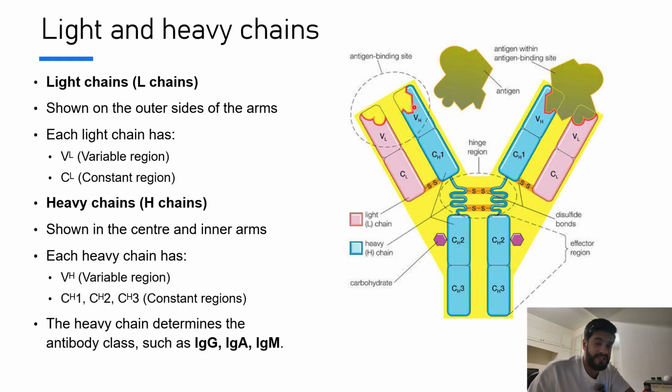Variable means that this specific region changes itself, and the constant region just doesn't change in shape, size, or its chemistry. And one last important thing about the heavy chain is that the composition of this heavy chain determines whether it's going to be an IgG or IgA or IgM class of immunoglobulin.